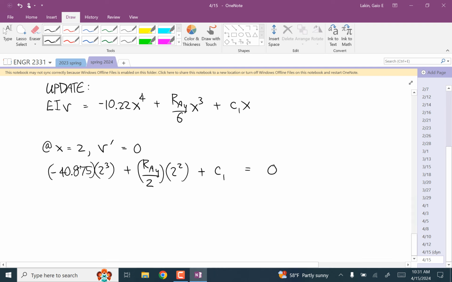So we get that C1 is equal to positive 327 plus 2RAY.